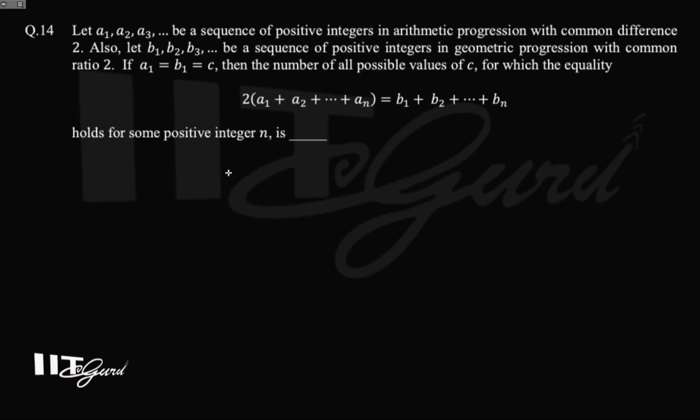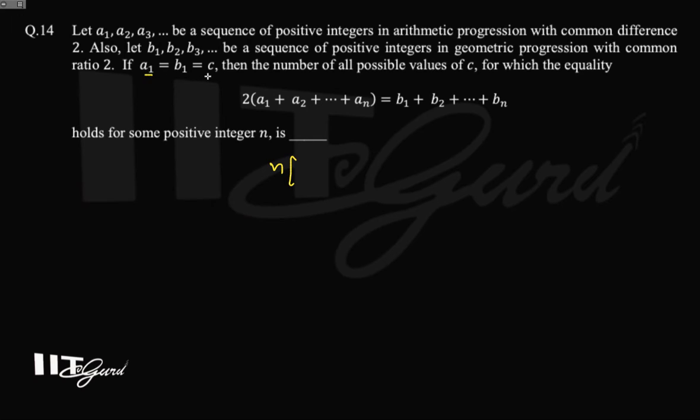So apply the sum of AP formula. What is the sum of AP? n by 2, and since the 2 is related, I am writing directly n times 2a, that is 2 into the first term.